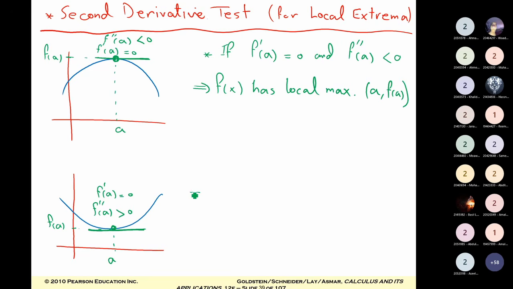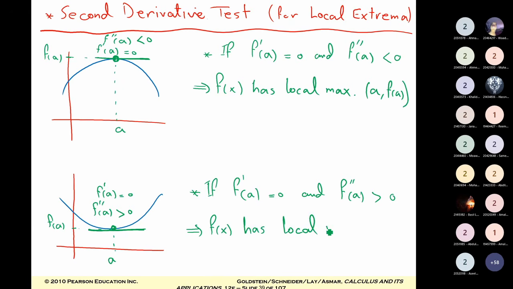So we can conclude if f prime of A equals 0 and f double prime of A is greater than 0, then f of x has a local minimum at A and f(A). Okay, this is the second derivative test.